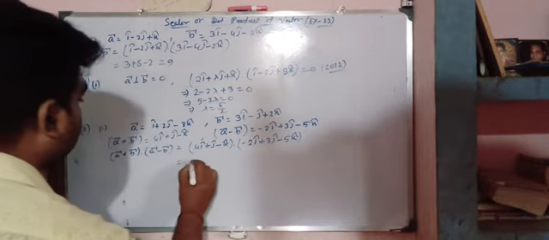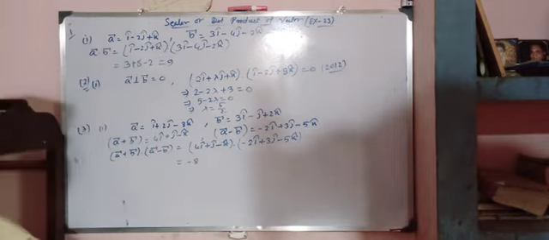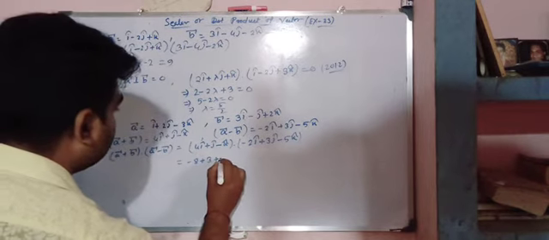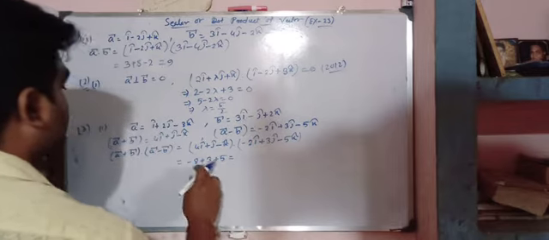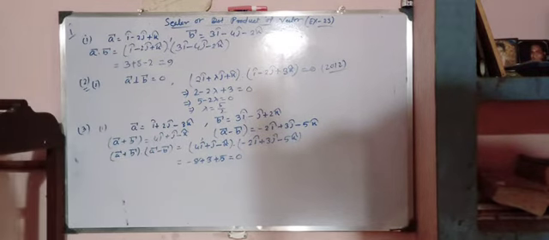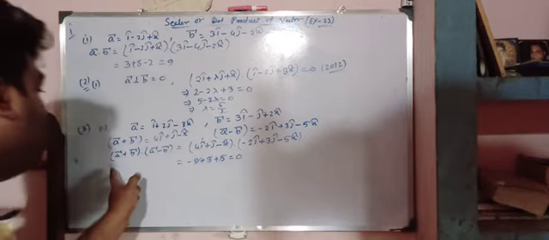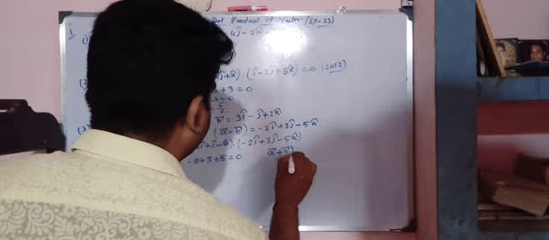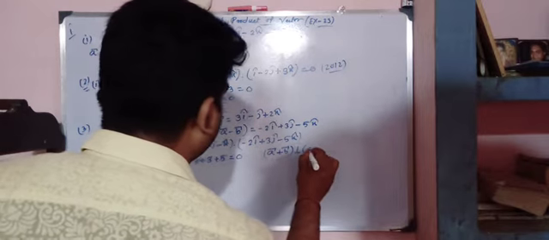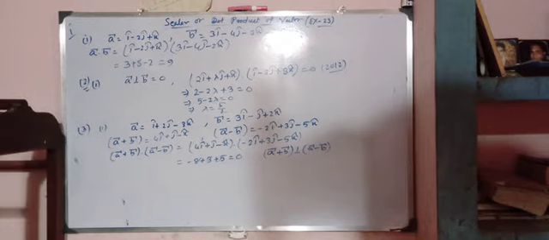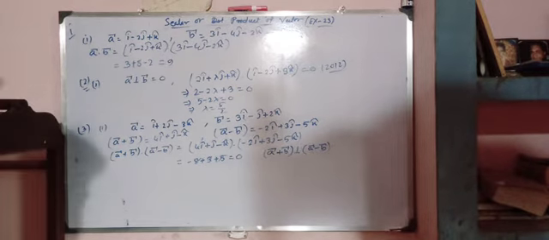That's implying minus 8 plus 3 plus 5 is equal to 0. So they are perpendicular to each other. Okay, that is, we can say that A plus B vector is perpendicular to A minus B vector. Hope you understand that. Next, move to another question quickly.